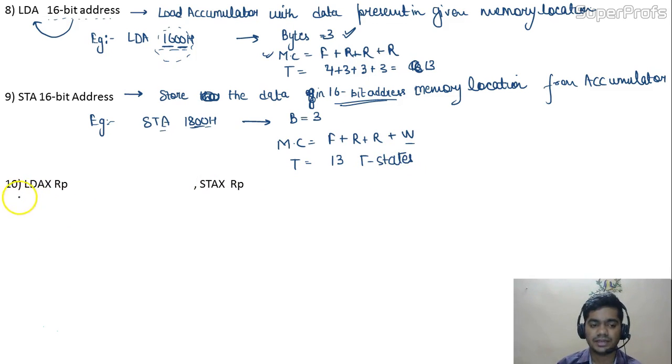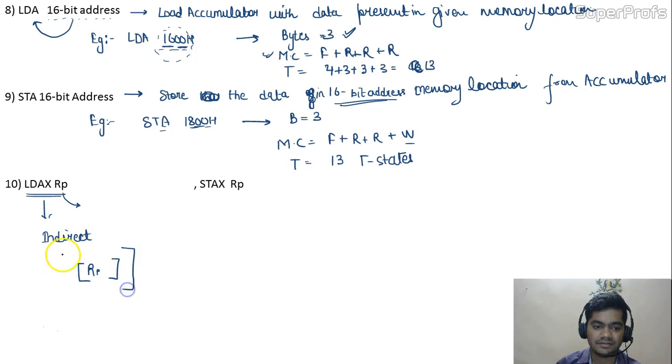Okay, so the next instruction is LDAX RP. This is an indirect operation, that is, it would load the accumulator with data which is pointed to by the content of this register pair. Whatever memory location is held in this register pair, the content present at that location would be transferred to the accumulator.